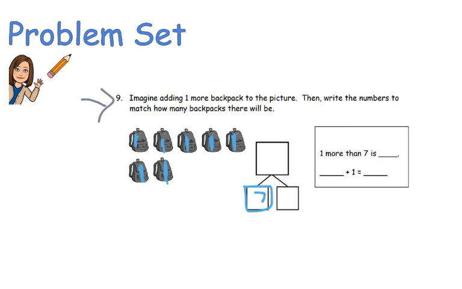And it says we need to add one more. So I'm just going to draw a box. 1 backpack there. Now I'm going to fill in my number bond with the number 1 because our problem says we're adding one more. To figure out the total, the answer, we need to see how many there are all together.